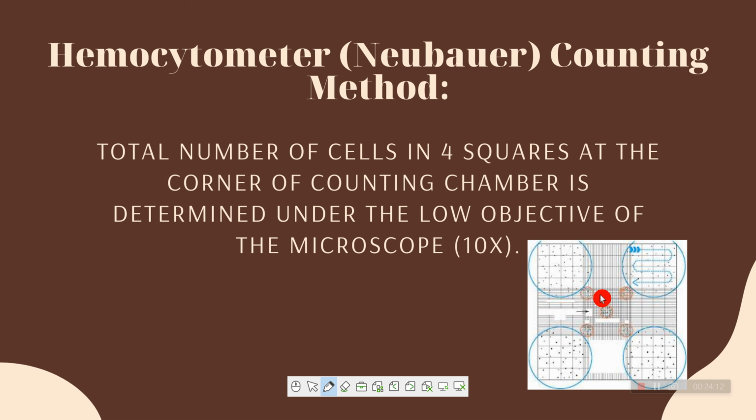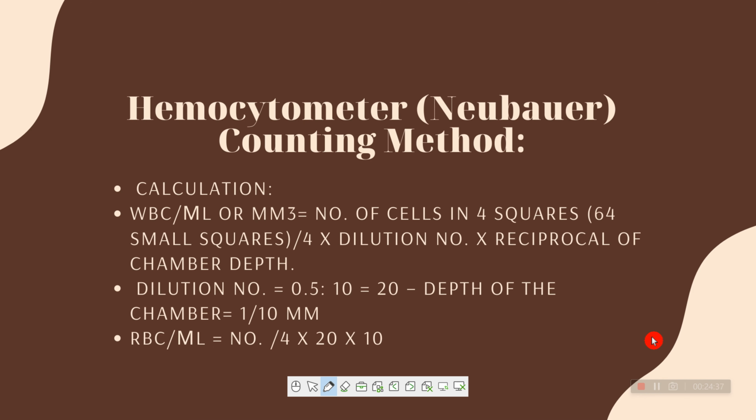In the mid center there is a 5x5 box, that is 25 boxes, but at the corners the sub boxes are 4x4, that is 16 chambers at these corners. So the total number of cells in 4 squares at the corner of this counting chamber is determined under the low power and high power objective of the microscope.